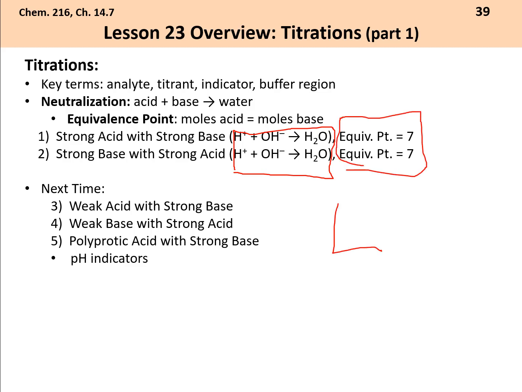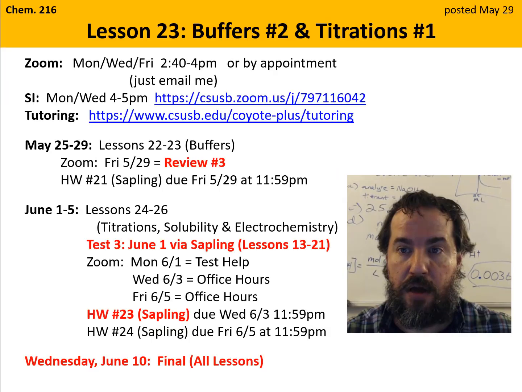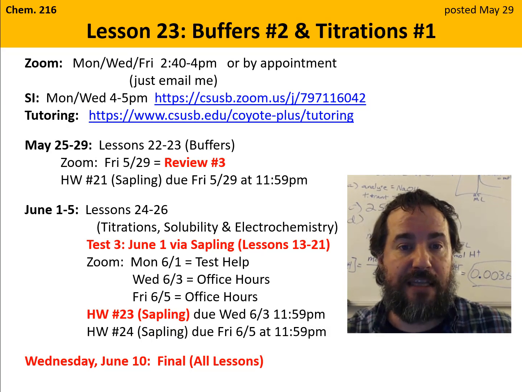It's just whether it goes up or down. This is for number 1, this is for number 2. Okay. All right, next time we're going to look at weak acids and bases and then polyprotic acids. Okay, so that's it for this lesson.